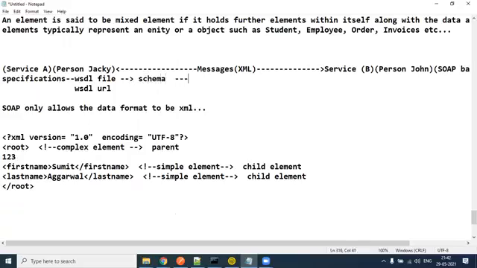The schema section can be of two types, internal and external, which we will talk about. But this schema section can signify what the request and response format would be, and only requests which adhere to that format are considered valid XML.